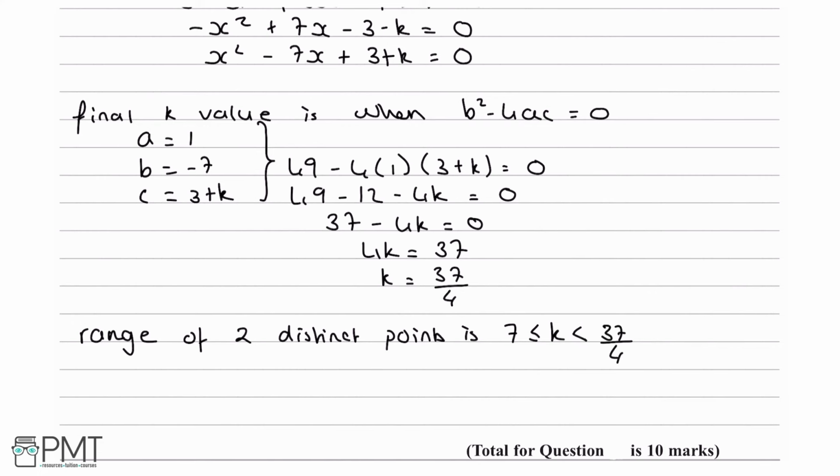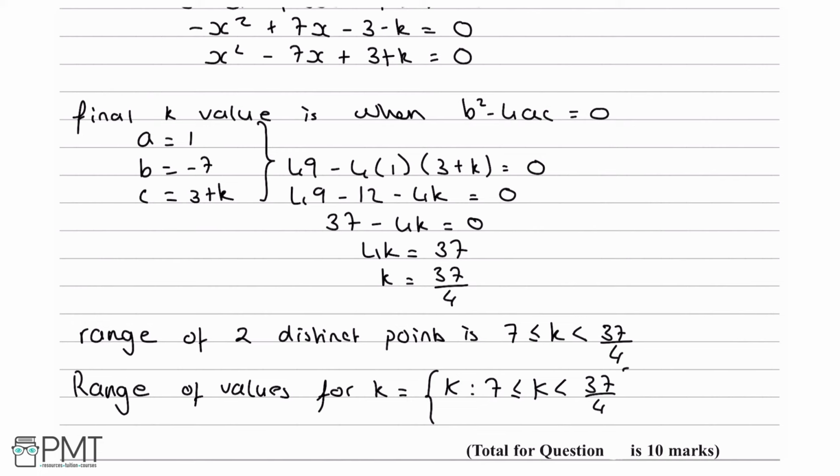It is not less than or equal to 37 over 4, because when it's equal to 37 over 4, it becomes a tangent, not two distinct points. Okay? So the final step is to write it in set notation. So we would say the range of values for k equals, open these brackets, where k goes from 7 up to 37 over 4, like that.